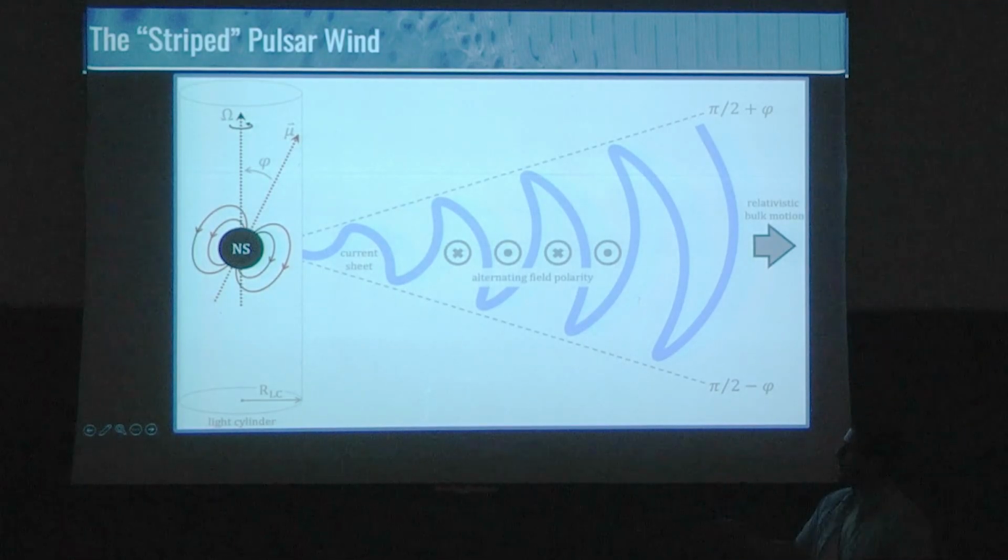The speed of light. So you can imagine that at a certain distance, you would have to exceed the speed of light to co-rotate with the neutron star. And at that point, that's what we call the light cylinder. So all pulsars have a light cylinder radius. At that point, these closed magnetic field lines are forced to be open. All of these particles are shot out. And so beyond the light cylinder, you have what's known as the striped pulsar wind.